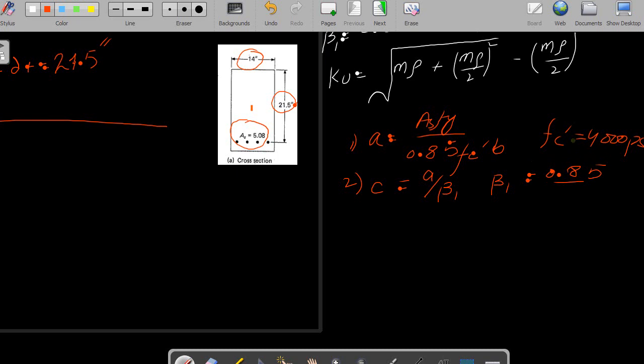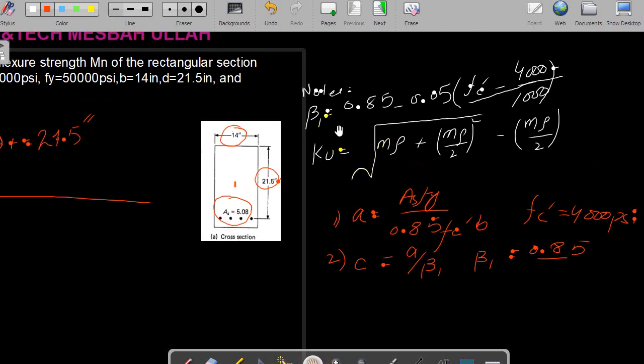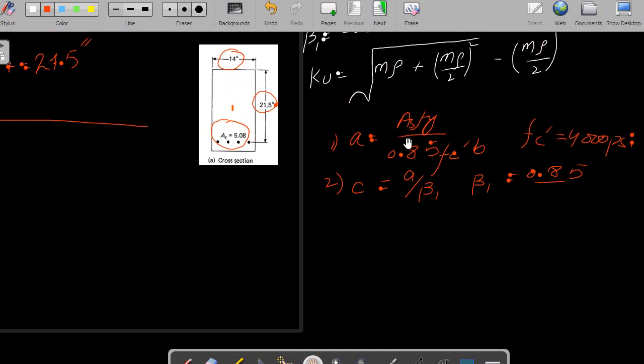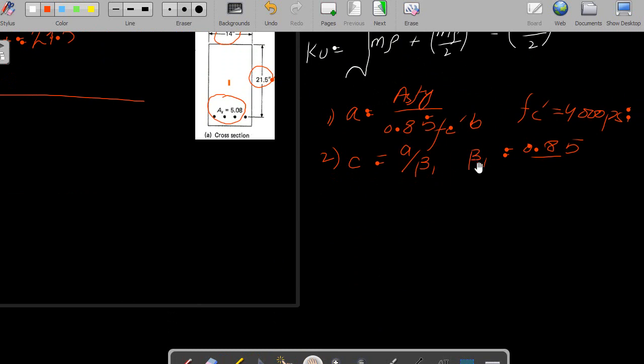But in our case, as in this example, Fc prime is 5000 psi. So in this case we have to calculate the beta 1 value by using the above equation. You see here I have already written down 0.85 minus 0.05 into (Fc prime minus 4000) divided by 1000, right? So this equation will be used in this example and we will calculate the value of beta 1.